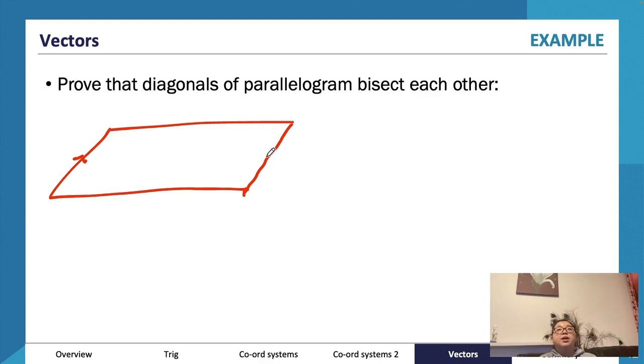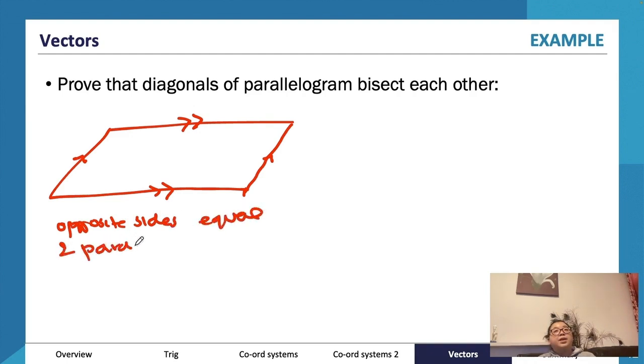So it goes up here and up here, here and here. Those are the essential components. We also know that for a parallelogram, opposite sides are equal and parallel. And that's our main thing, right?